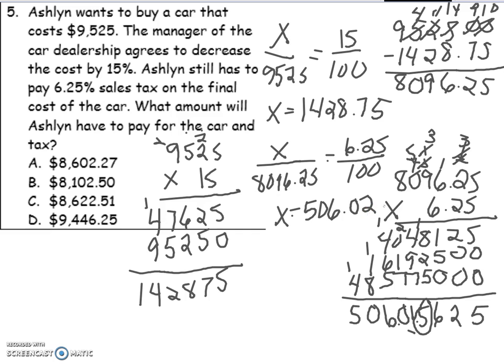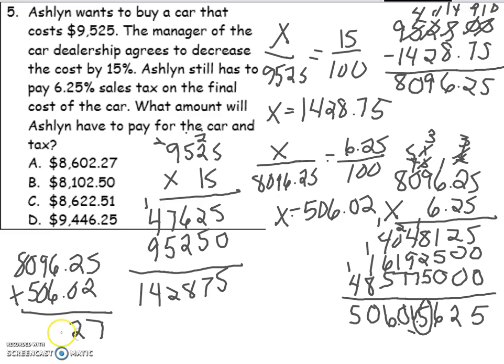So we are adding the tax. So we got to add 8,906 and 25 plus 506 and 2 cents. We have 7, 2, 12, 10, 6, and 8. $8,602.27.